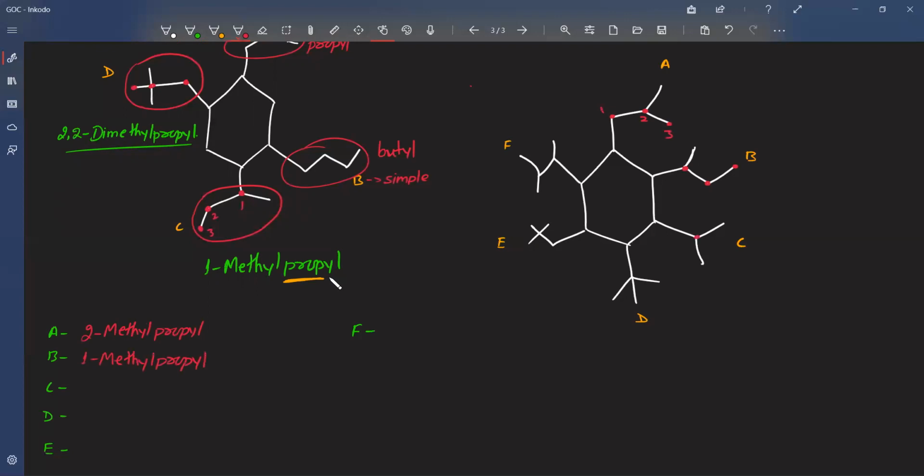C is 1-methyl ethyl. Okay. D is 2,2 dimethyl ethyl. 2,2 or 1,1? Sorry, 1,1. 1,1 dimethyl ethyl, correct.